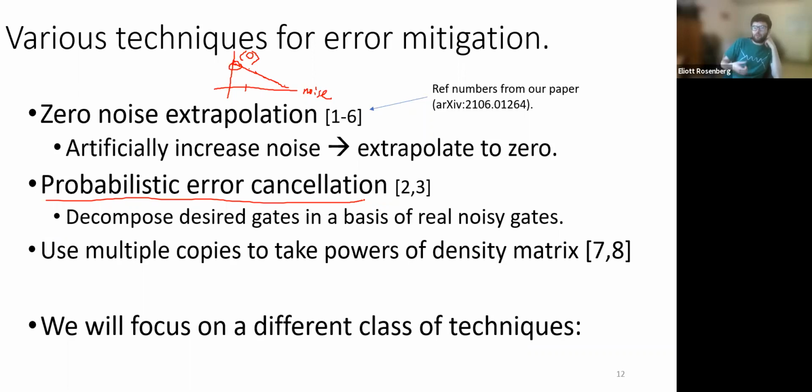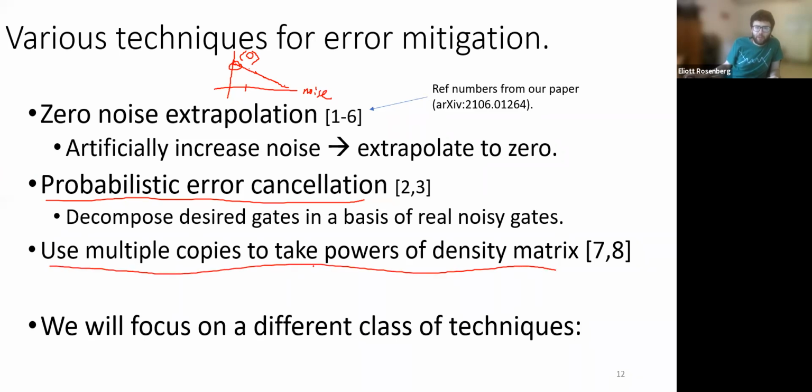You see, like, what are these noisy gates actually doing in terms of the ideal gates, and then you invert that matrix, and you write the ideal gates in terms of the noisy gates, and then you can write your ideal circuit as some linear combination of circuits that you can actually implement in terms of these noisy gates, and then you sample from those circuits using this quasi-probability distribution idea.